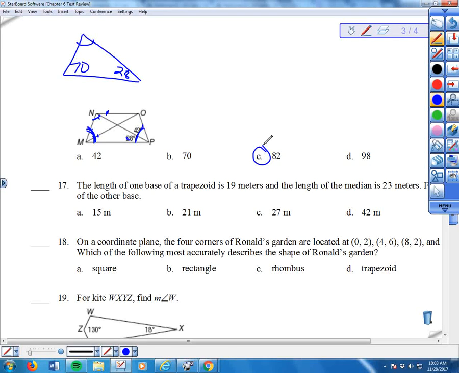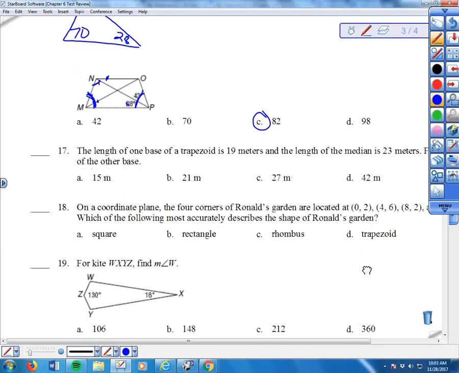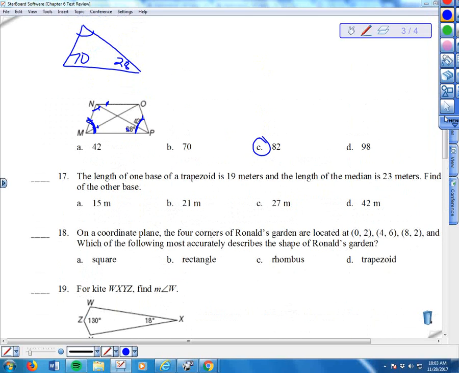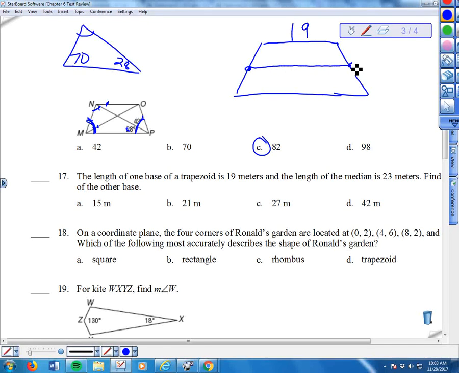The length of one base of a trapezoid is 19 meters. And the length of the median is 23 meters. Length of one base. The 19 has got to be the top, right? Yes, because it's less than the median. And this is 23. I'm trying to find the other base. Let's call this x.